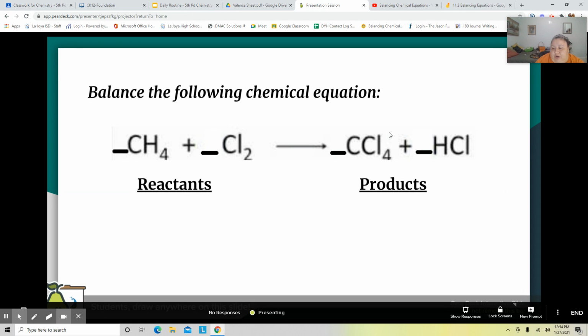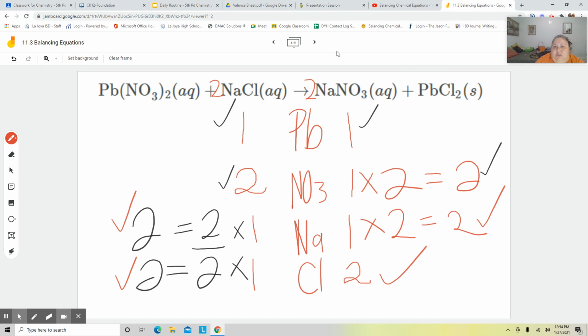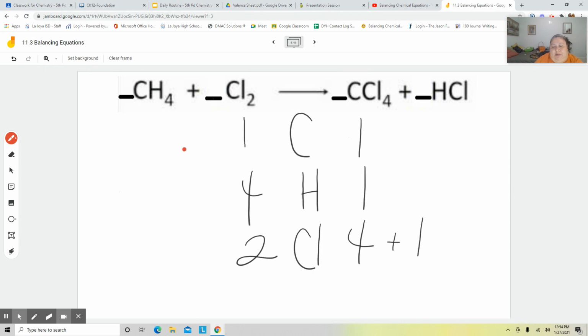Now it's your turn to try it. I want you to help me balance this guy. You tell me what to do. What do you want me to do to balance this guy right here? I don't want to mess with carbon. Carbon's balanced. Where do I start? 1 times 4.